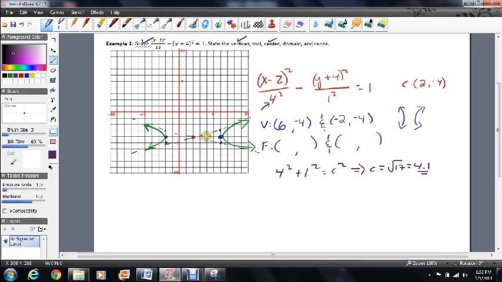So 1, 2, 3, 4.1 is going to be about right here. I'm also going to go in the left direction. 1, 2, 3, 4.1, so somewhere in here. So there's our 2 focus points. Again, the focus always lies within our hyperbola.